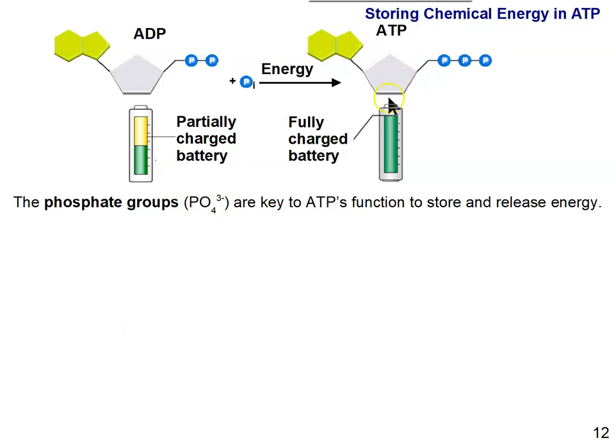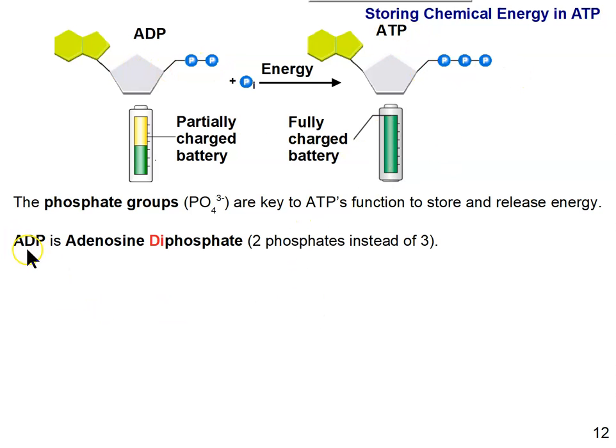Nothing else about the molecule changes as it's being used as the energy currency of cells and to do cellular work. But the phosphate, and only 1 phosphate, changes as we go from what's known as ADP, adenosine diphosphate, to ATP, adenosine triphosphate. So adenosine diphosphate only has 2 phosphates instead of 3.